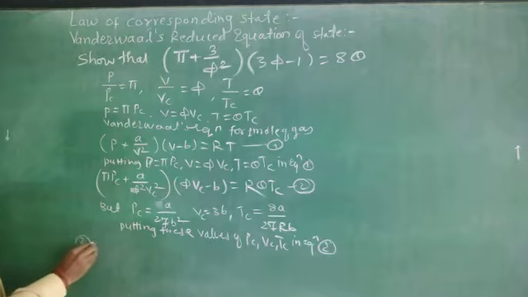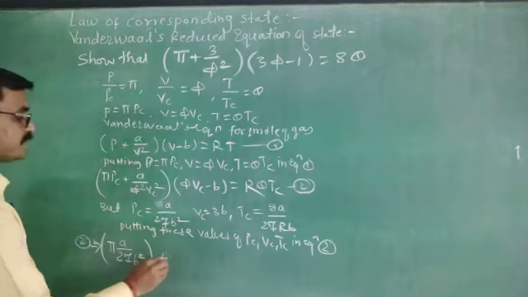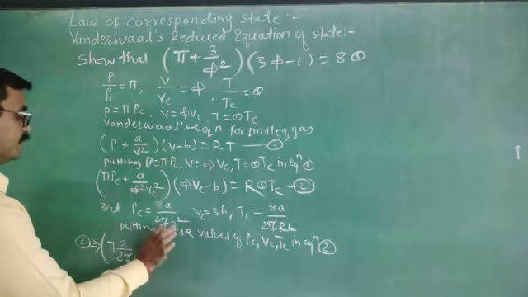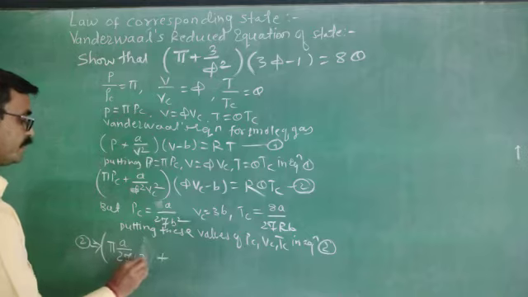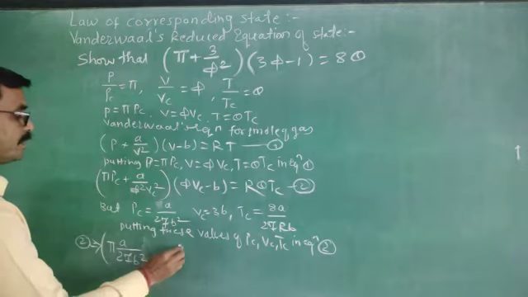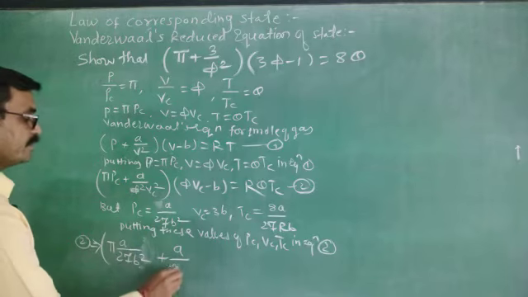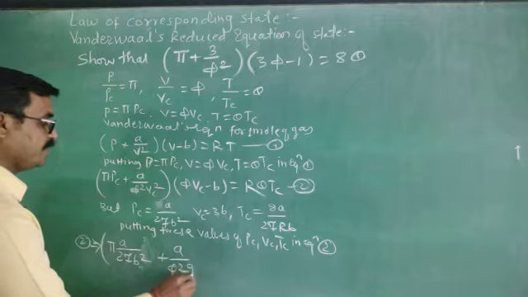Now equation 2 implies pi times the value of Pc, A upon 27B square, plus A upon phi square into Vc square. Vc is thrice B, so Vc square is 9B square. This is the first bracket.